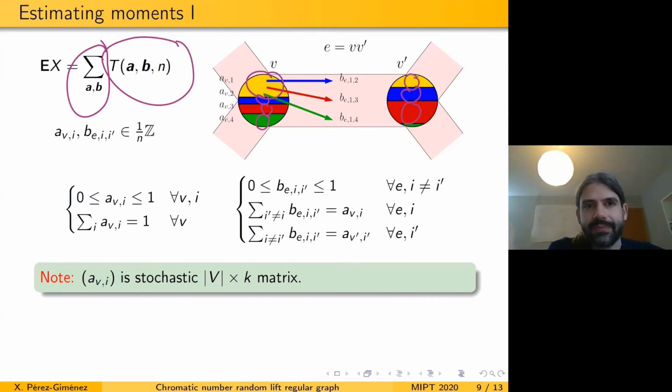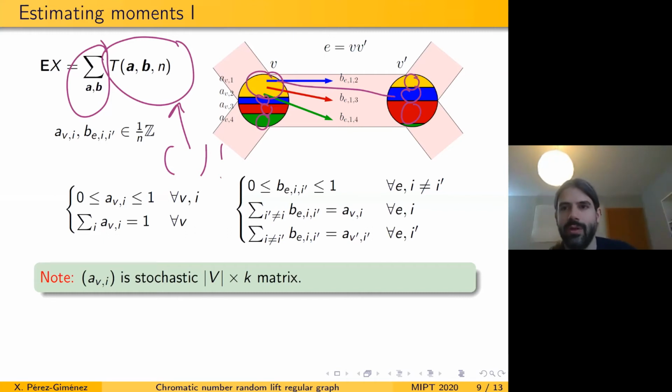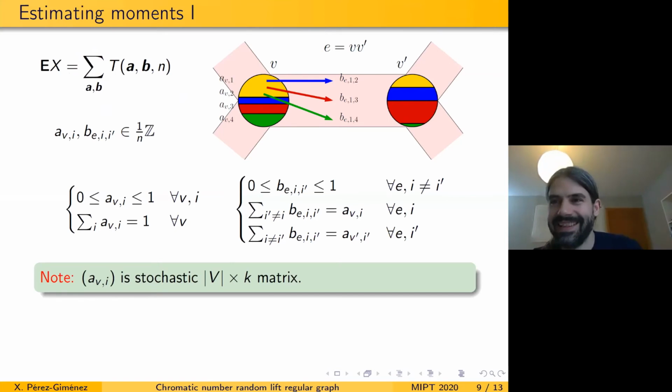And then I have to count how many lifts I can build satisfying these colors. So I just have to count ways of sending the right number of edges from yellow to blue, so you just have to permute them. So this is going to be a bunch of multinomials and factorials and things like that. But once you know the parameters, it's just an exercise for a graduate student or for an undergraduate student in Russia, probably. For a high school student in Russia.